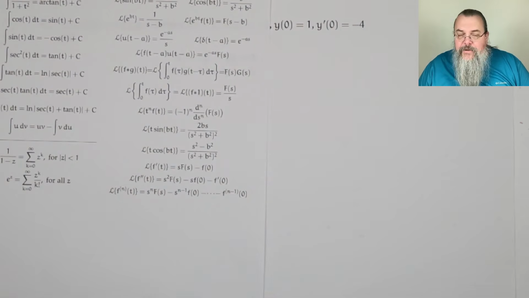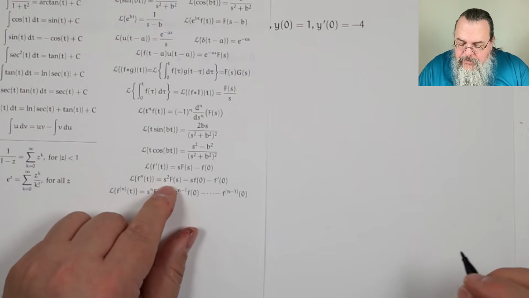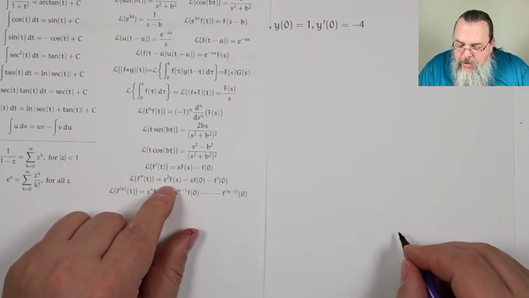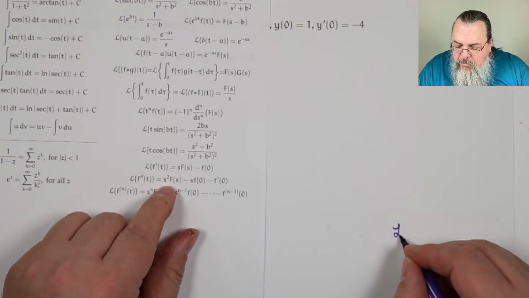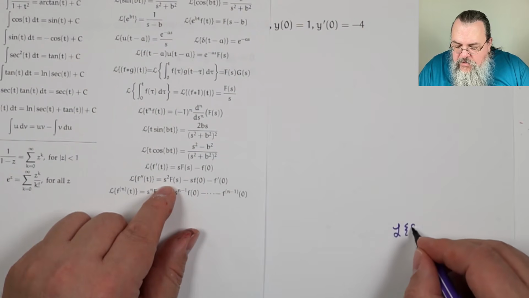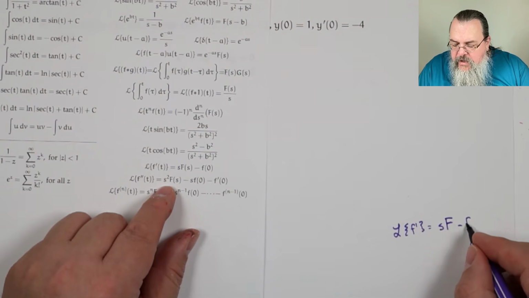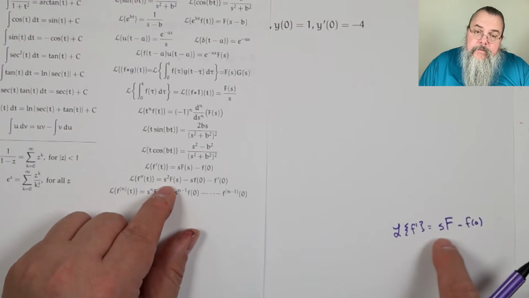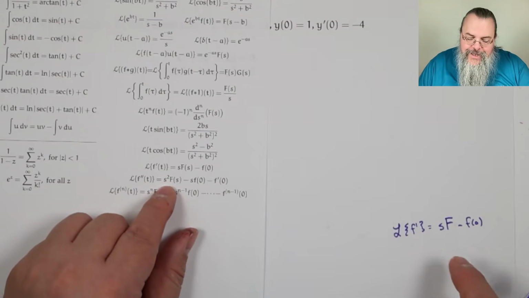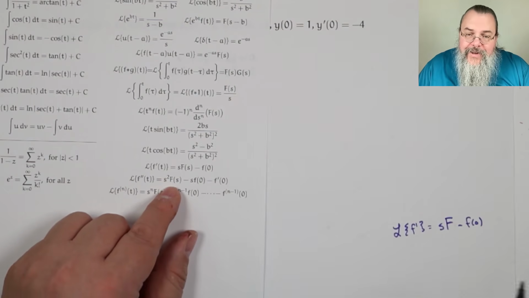So I'm going to write those rules down. I'm going to write them down as they're written here on the formula sheet because I want to emphasize what's going on. So the Laplace of a derivative f prime is s capital F minus f of 0. All right, technically I'm not writing it down exactly as the formula sheet, but close enough.